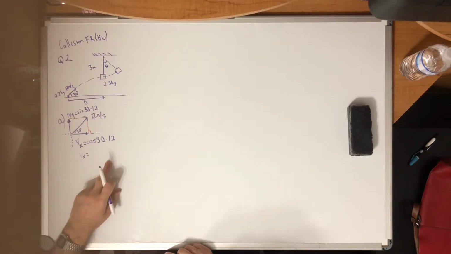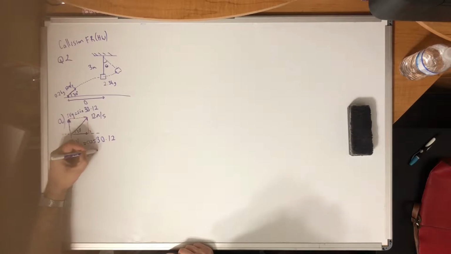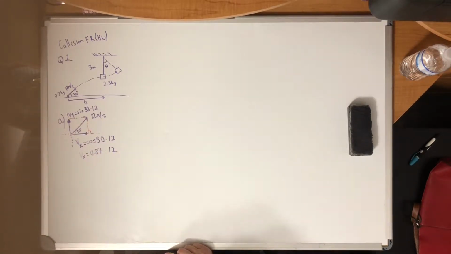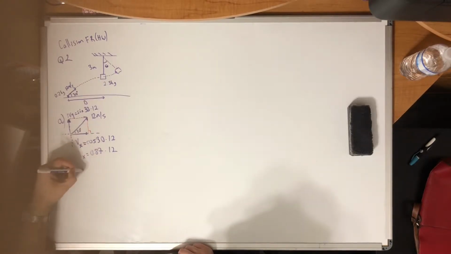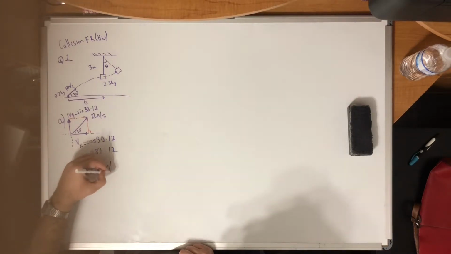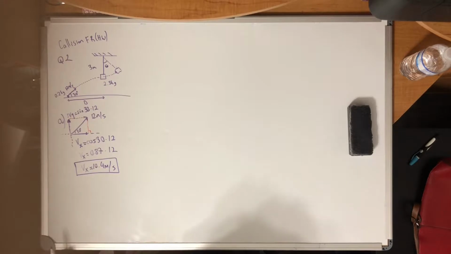If you put cosine 30 in your calculator, you're going to see that it's 0.87, times 12, and then you find your Vx as 10.4 meters per second. So that's your Vx value. On part A, they are asking for something else, but once you have a vector, you always start with finding the components of it, because you're going to need that for the rest of the question.